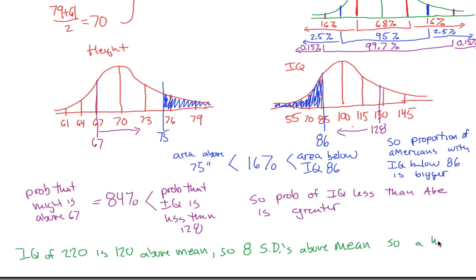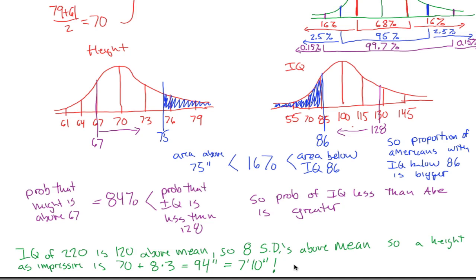So a height as impressive is the average height 70 plus 8 standard deviations, which is 3. 8 times 3 is 24. 24 plus 70 is 94 inches, which is pretty tall. 8 times 12 is 96, so this is almost 8 feet tall. This is 7 foot 10 inches.